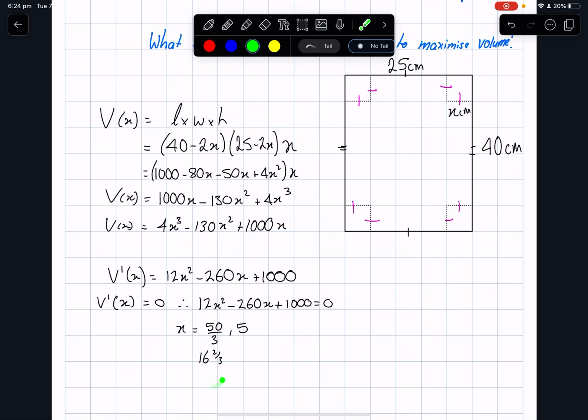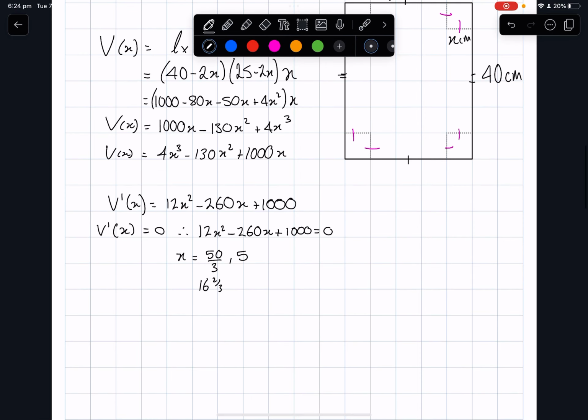If I put 2 times 16 and 2/3 in, I've got like 33 almost, and that's going to give me a negative length. So we reject 50 over 3 as a solution because we can't feasibly do it.